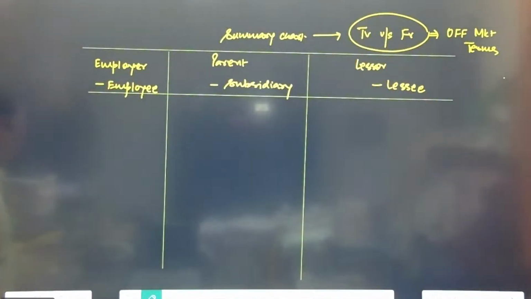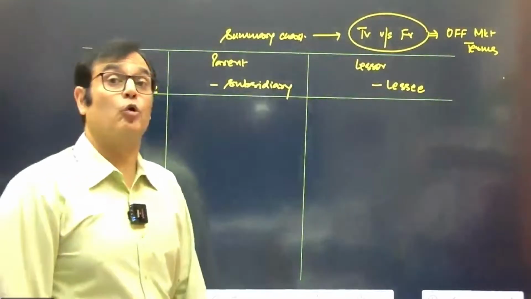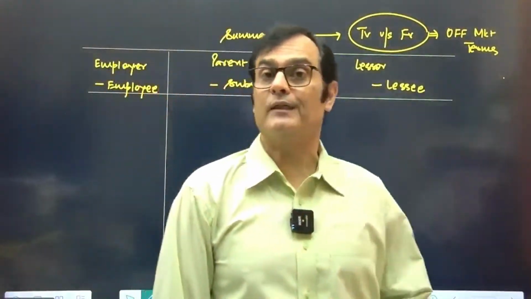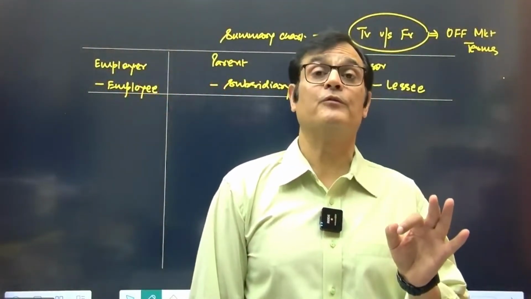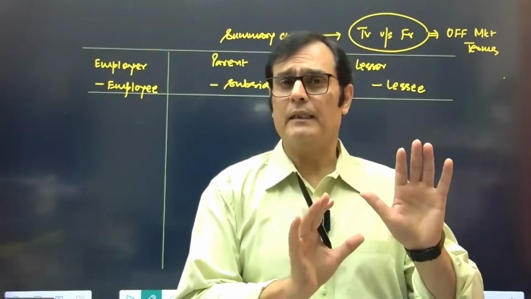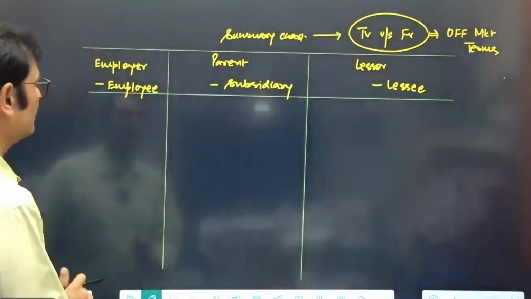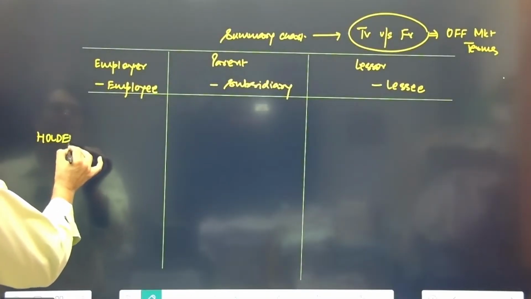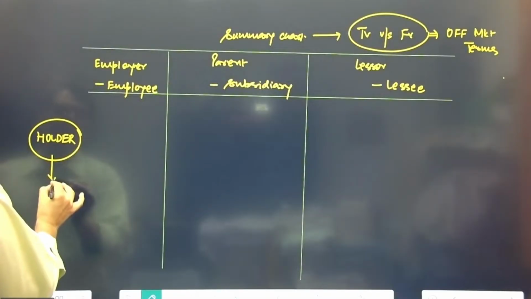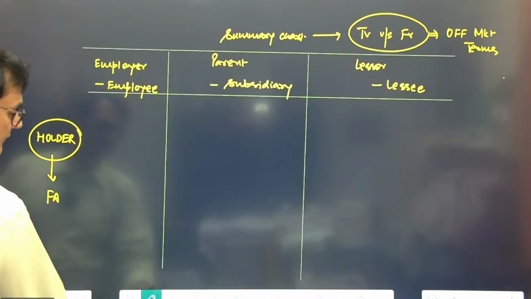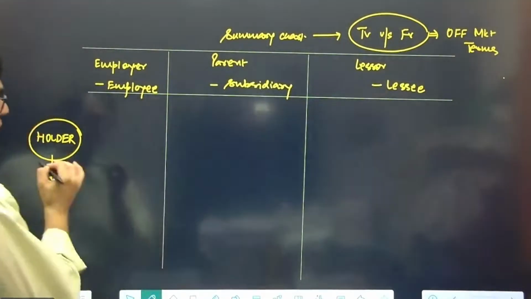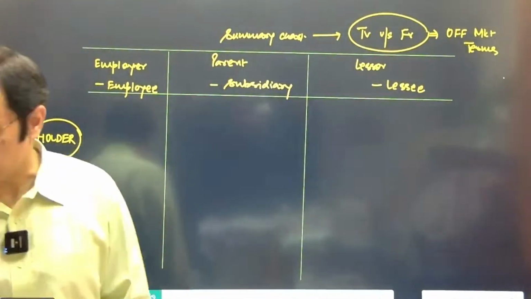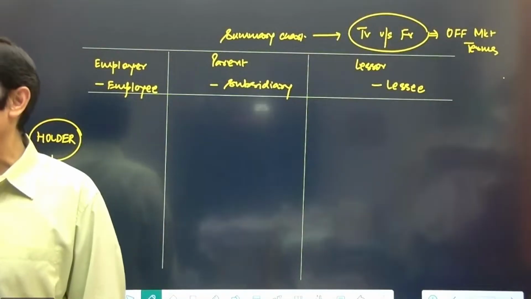I'm looking at the entries from the point of view of the holder. Though for the subsidiary I also gave you the entry from the point of view of the issuer, in the summary chart I'm only focusing on the point of view of the holder. So what are the entries which the holder, who is calling it a financial asset, would do? Let's look at the summary of the entries done at inception.